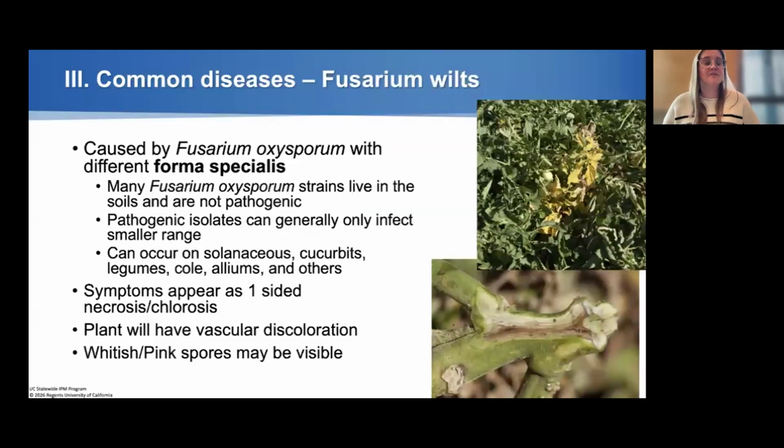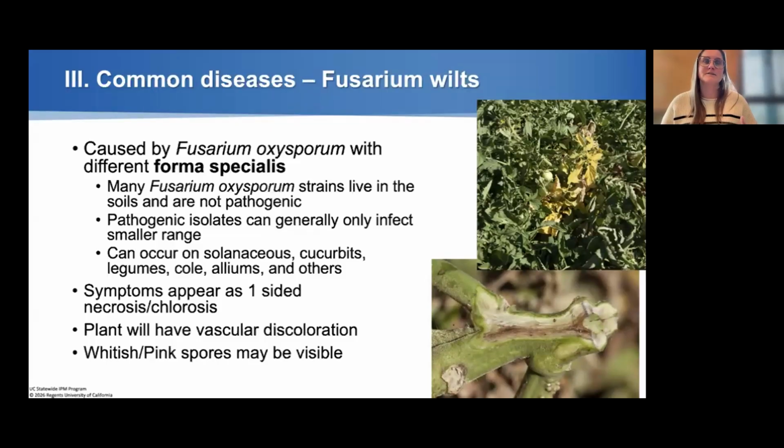So now we're talking about Fusarium wilts. Fusarium wilts, as the name might imply, is generally caused by Fusarium oxysporum. Fungi are very complicated, but essentially Fusarium oxysporum have different special forms, or forma specialis, where there are strains that are pathogenic, whereas the majority of Fusarium oxysporums that exist in a lot of soils throughout the world are unlikely to be pathogenic on many different types of plants.